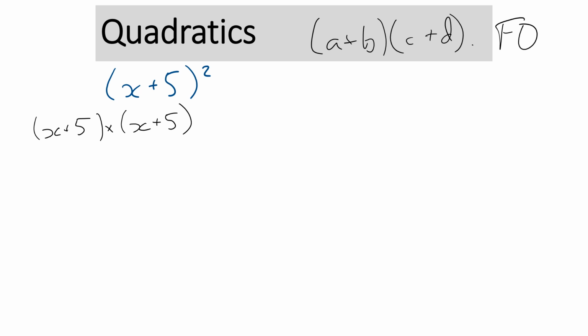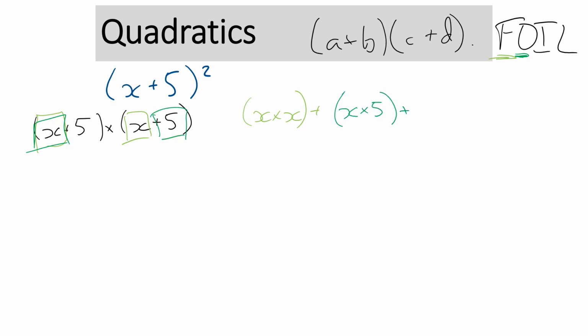Once again, we're going to look at FOIL here. What's our first number? Our first numbers are x and x. So we can open up our brackets and go x times x. Close brackets, add the next thing. Outsides are x and 5. So x times 5.